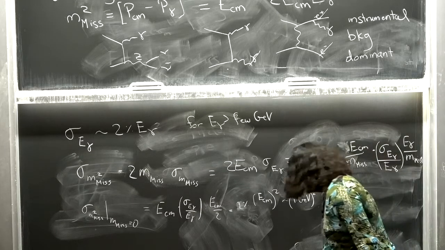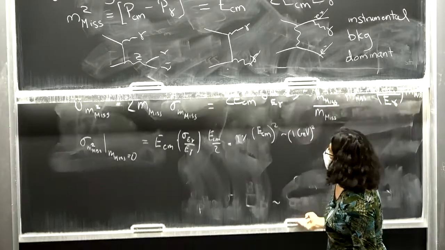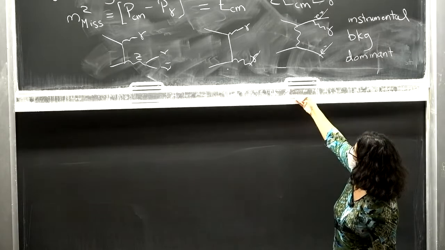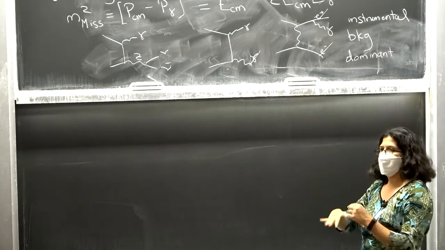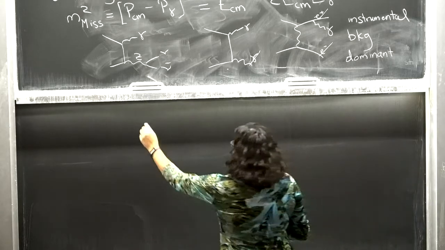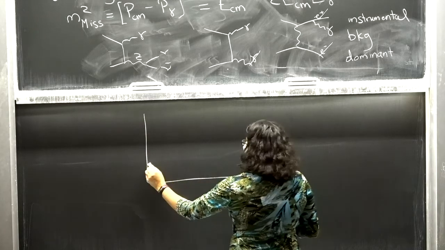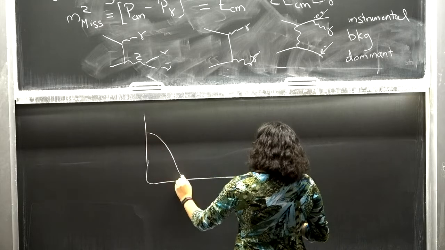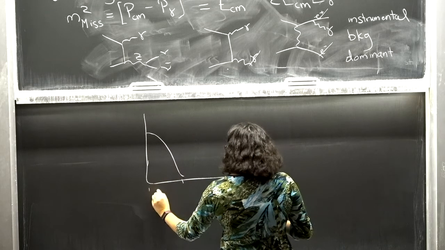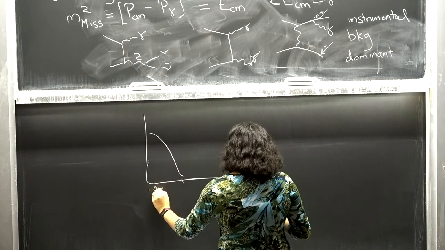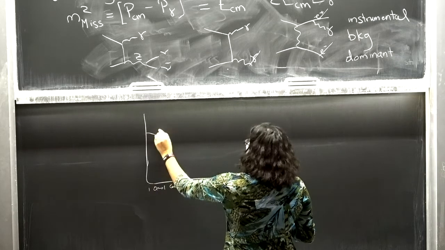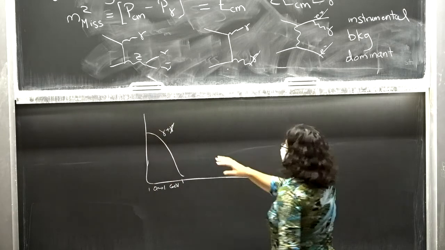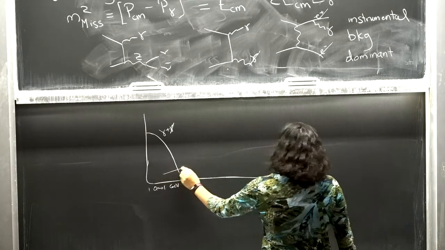What you're really dealing with, when you look at the background for this, after some sort of rough, loose cuts, it tends to look like a big peak at 0, this 0 to 1 GeV region. That's dominated by this photon plus missing photon piece.